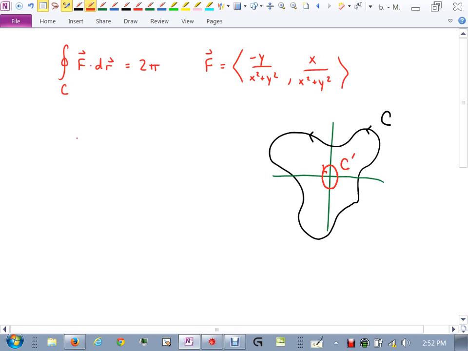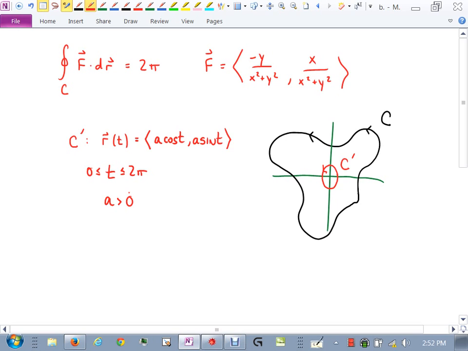And here's what I want to say about C prime. C prime is going to be r of t equals A cosine t, A sine t, t is between 0 and 2 pi, and A is a positive number.